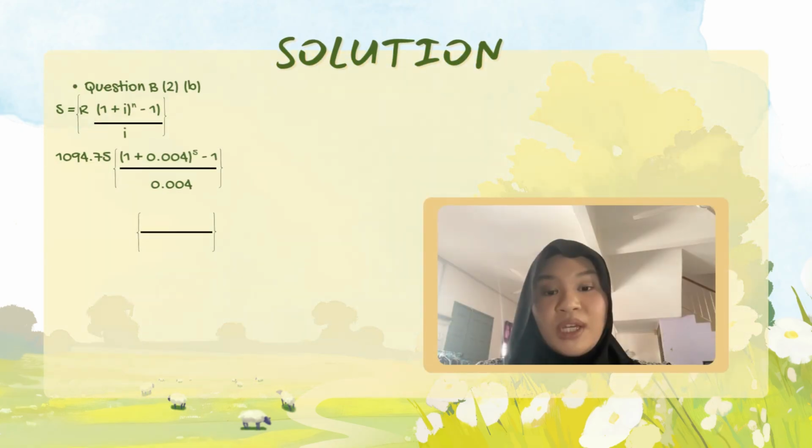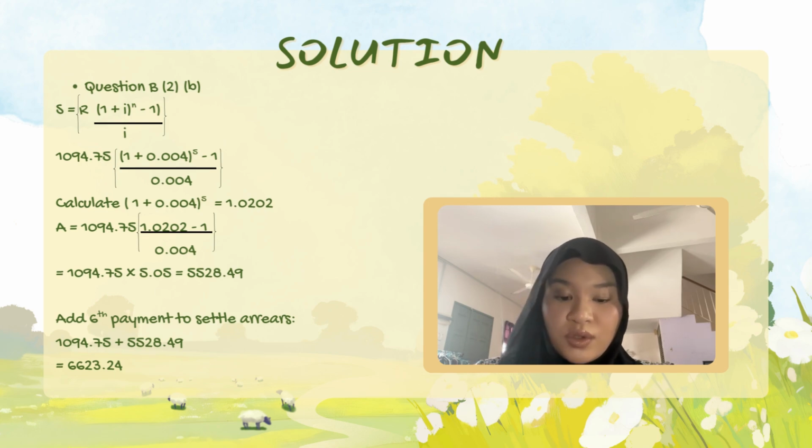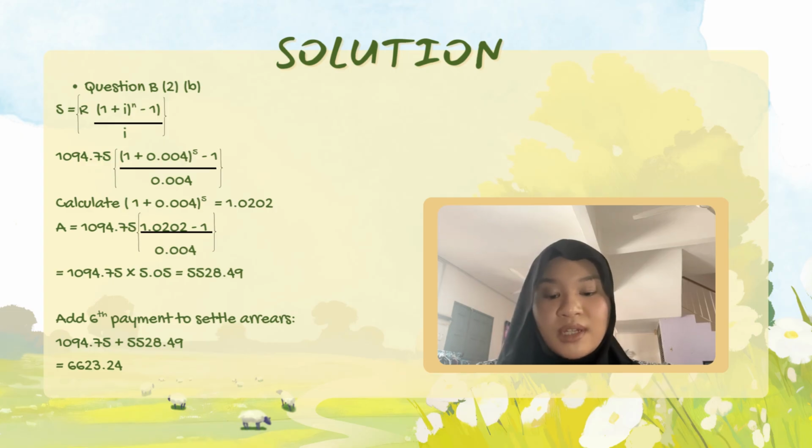Solution for question B 2B, we are going to use the formula S equals R times ((1 plus I) to the power of n minus 1), divided by I, equals 1094.75 times ((1 plus 0.004) to the power of 5 minus 1) divided by 0.004.